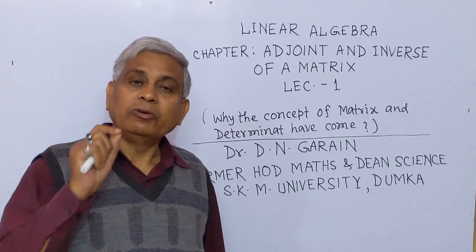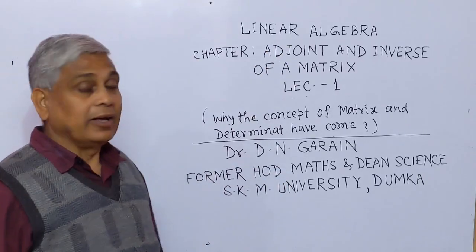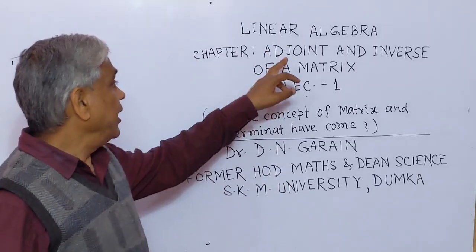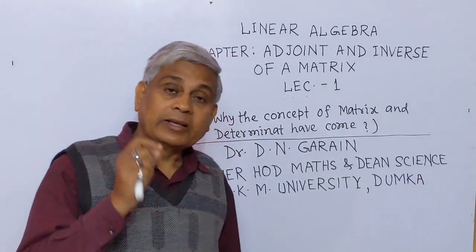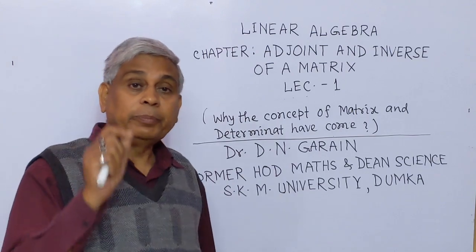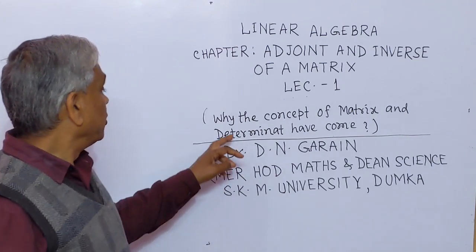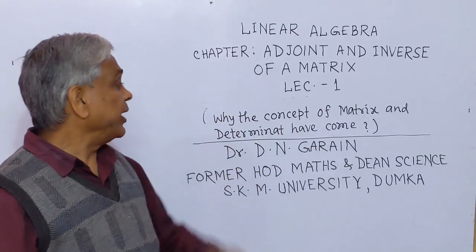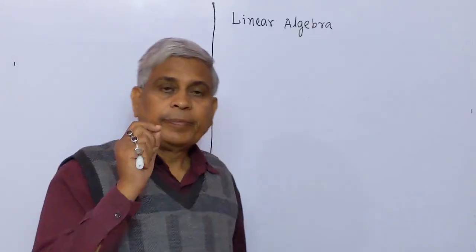Today, I will deliver a lecture on linear algebra, chapter Adjoint and Inverse of a Matrix. Lecture number 1, in which I will give the detailed concept about why the concepts of matrix and determinant have come.